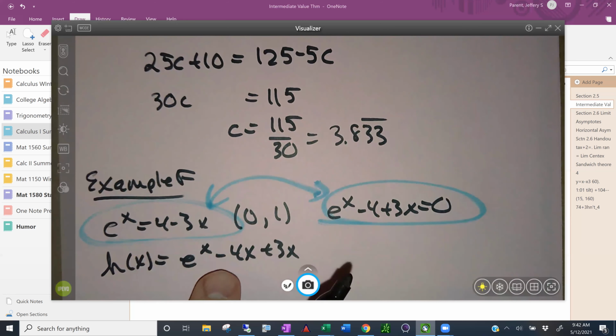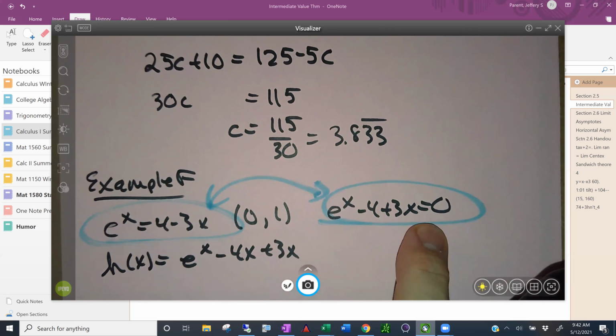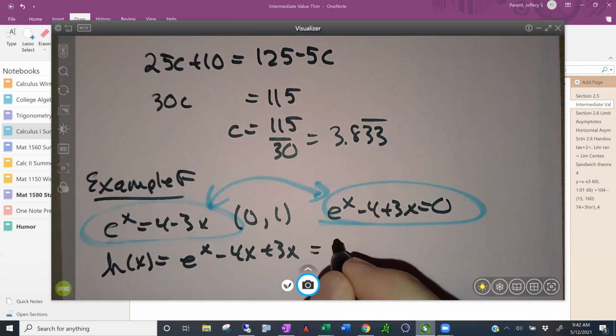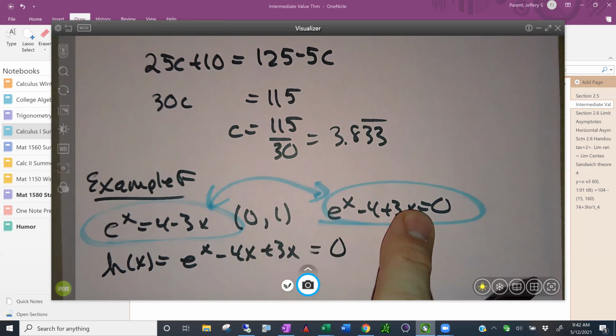So where this equals 0, this is going to be true. If I can prove that there's a value of the function somewhere between 0 and 1 where this is true, then I've solved my problem.